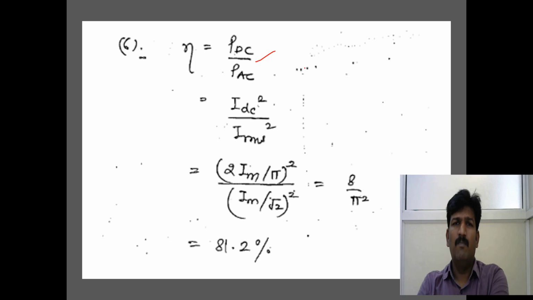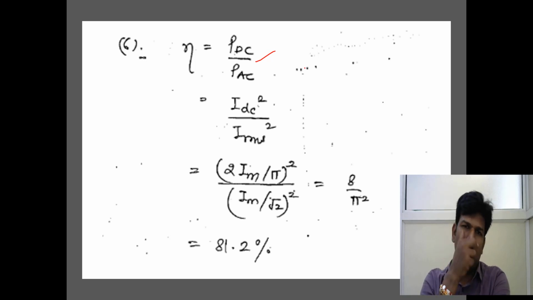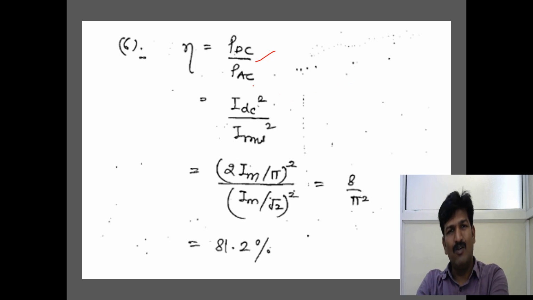It is the ratio between the power delivered to the load and the power given as input to the circuitry, that is PDC divided by PAC. PDC is nothing but the output, PAC is nothing but the power at the input side. You can write this as IDC square by IRMS square.